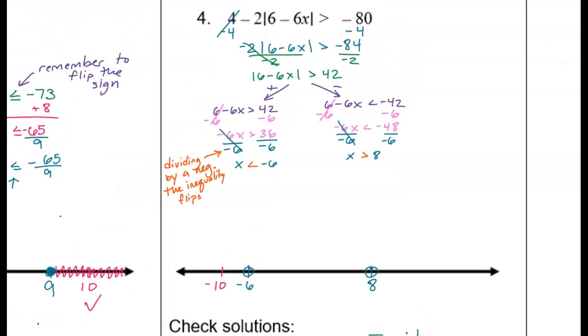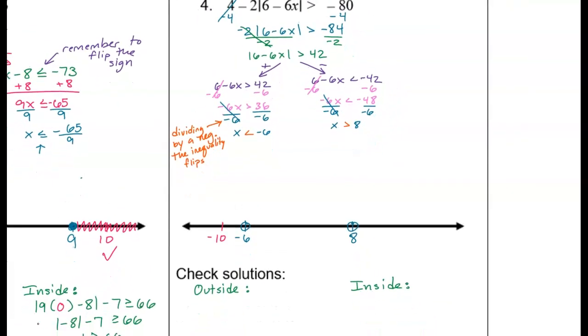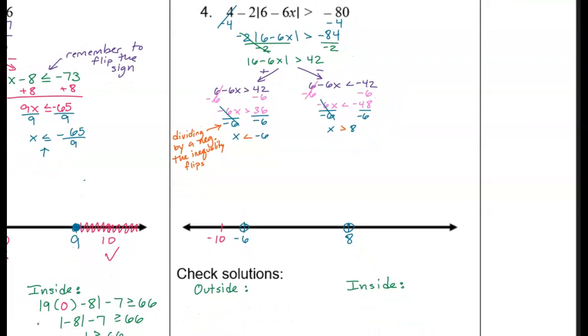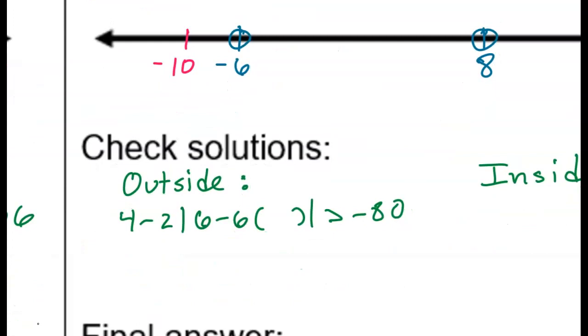And we're going to plug this into the original, which is 4 minus 2 absolute value 6 minus 6 times our new x is greater than negative 80. So we're checking for negative 10. Instead of an x, I'm going to put negative 10.